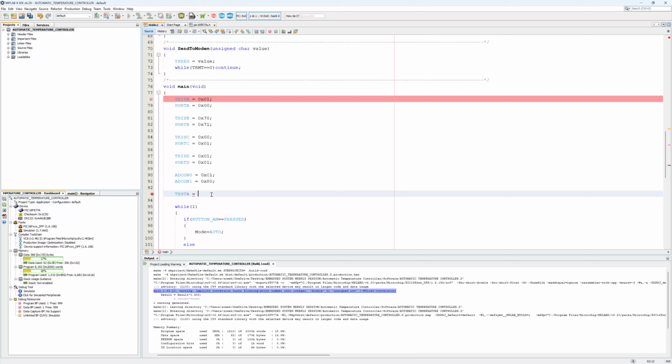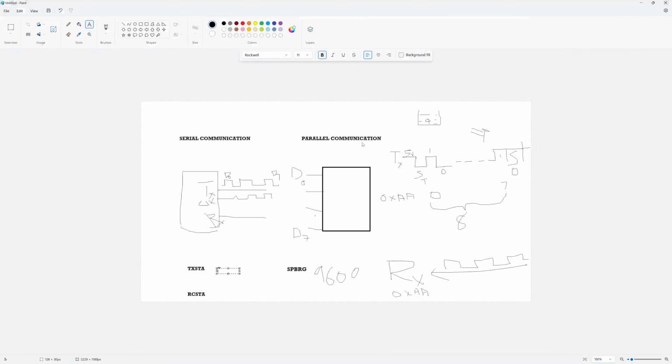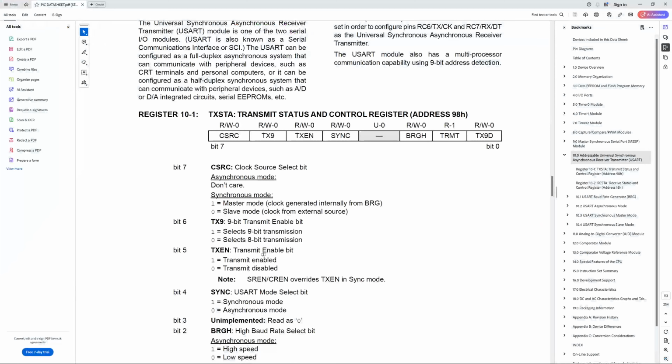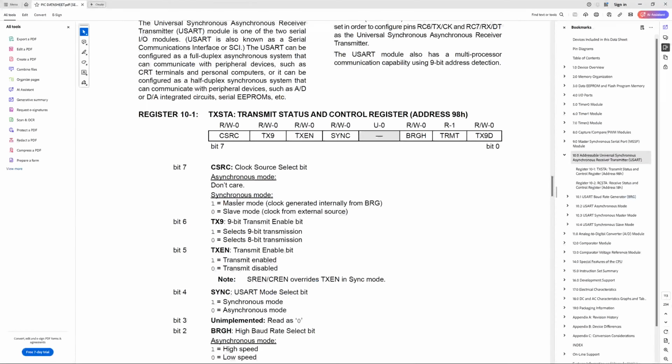So the first bit position was 0, and the third bit position, BRGH, is also 0. Now the fourth, zeroth, first, second and third bit position. The third bit position is unimplemented. Unimplemented means 0, so you can keep that bit position also 0.